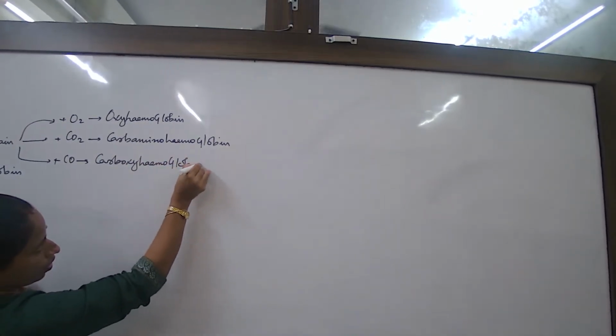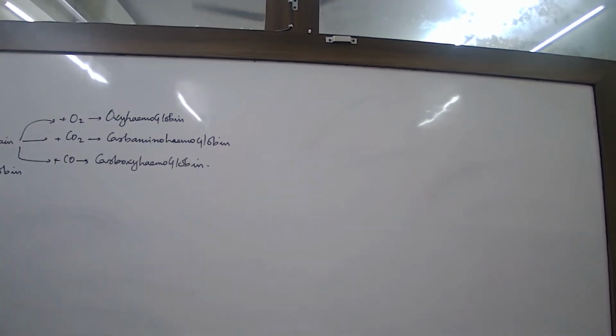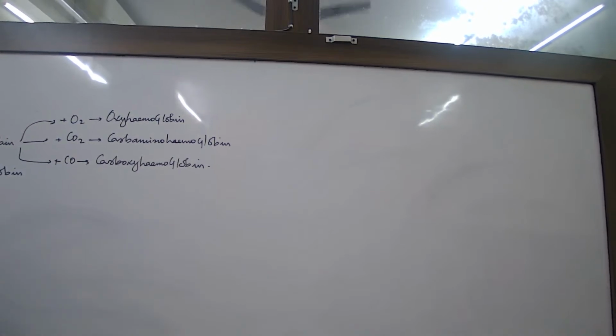When I talk about the comparison between these three compounds, I must have mentioned that carbon monoxide has got the greatest affinity for combining with hemoglobin, or say the other way, hemoglobin combines more readily with carbon monoxide in comparison with oxygen and carbon dioxide.